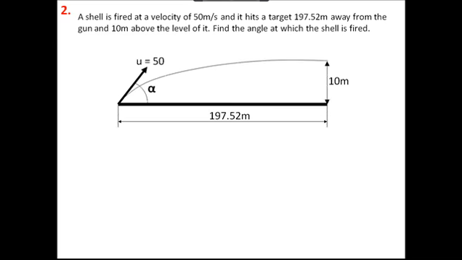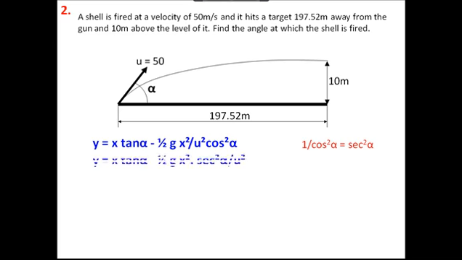So this is a pictorial view, and we use the path equation like before. Only thing is we need to do a little bit of trigonometry here. 1 upon cos square alpha is equal to sec square alpha, you put that, and then you also use this identity, sec square alpha is equal to 1 plus tan square alpha.